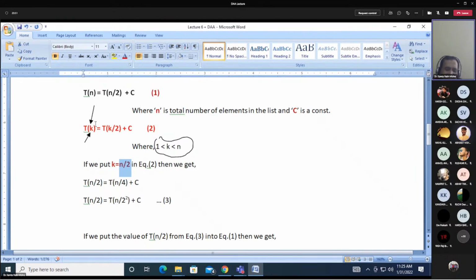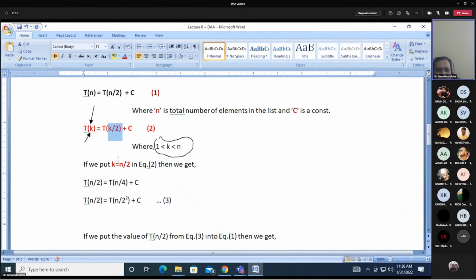Yes, sir. Because in place of k, what are you writing? N by 2. So T(k) will be T(n/2). And what will this T(k/2) become? K will become n by 2, so n by 2 divided by 2.